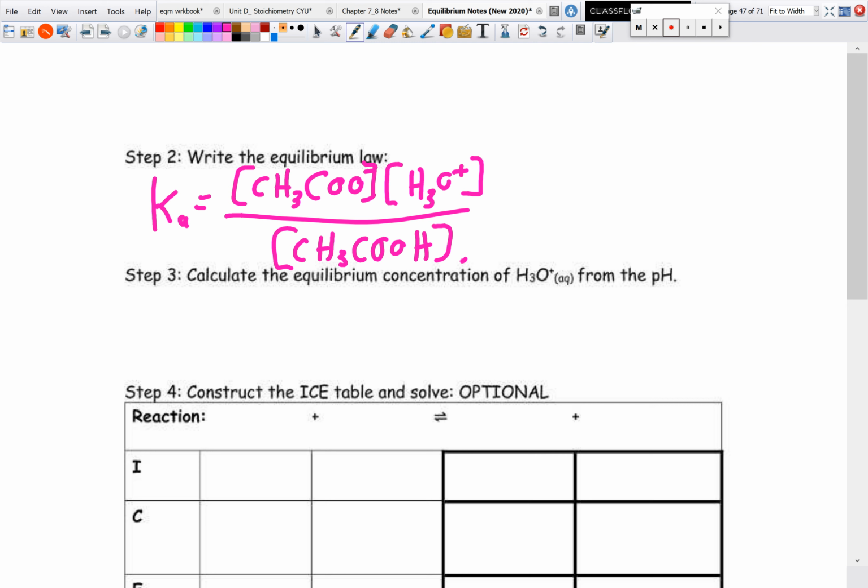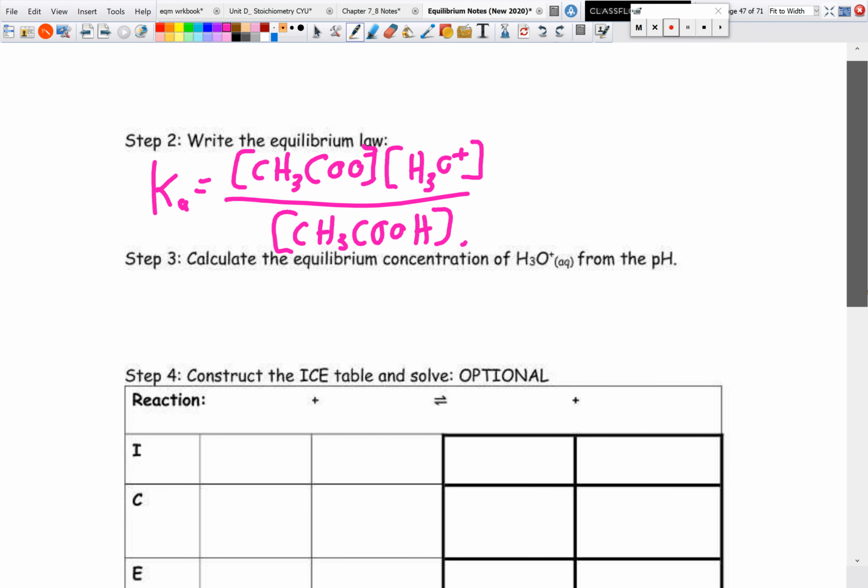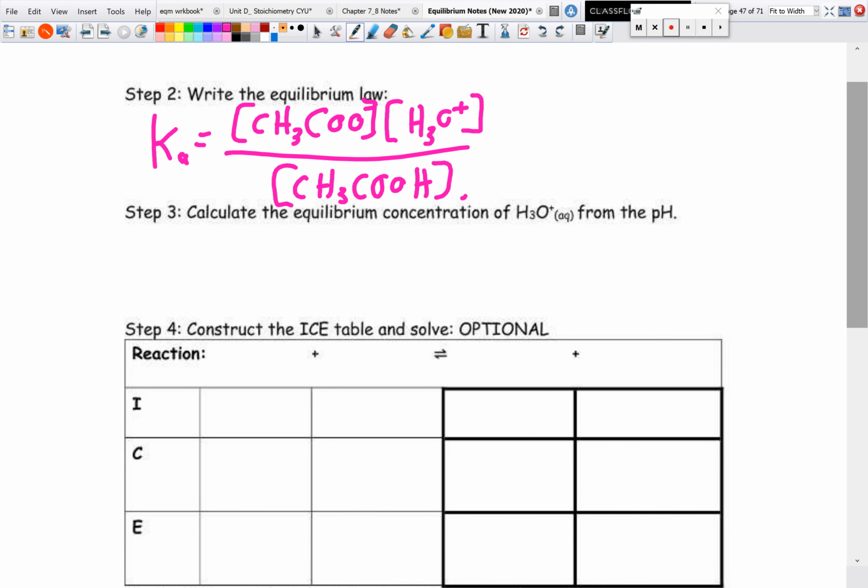And because we are given the pH of the solution, we can find the concentration of hydronium. This is just how we start off all our questions, and once we get past this, then we can start filling everything in.